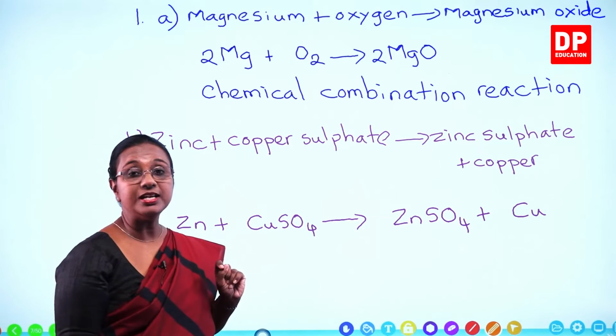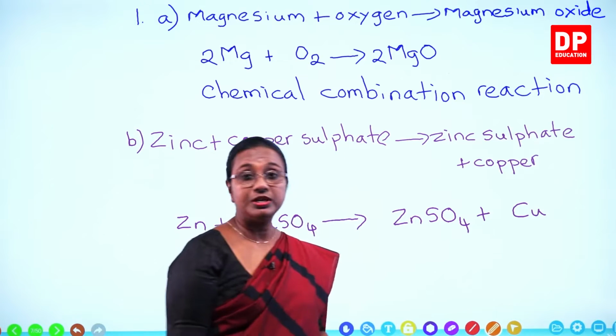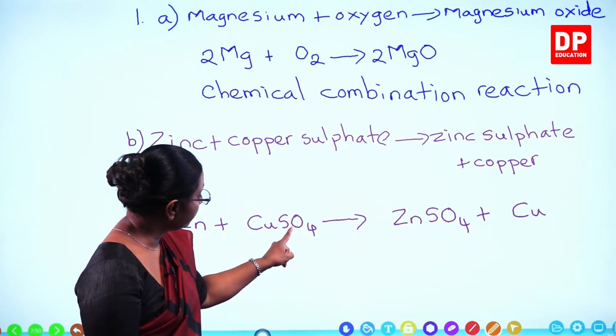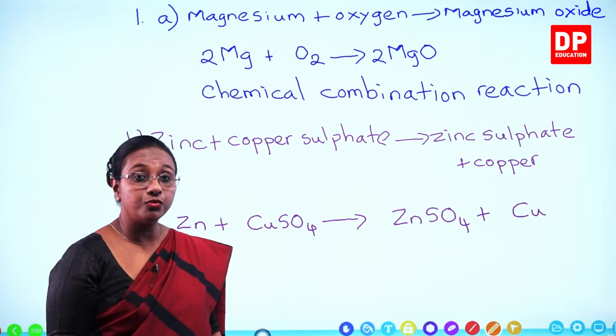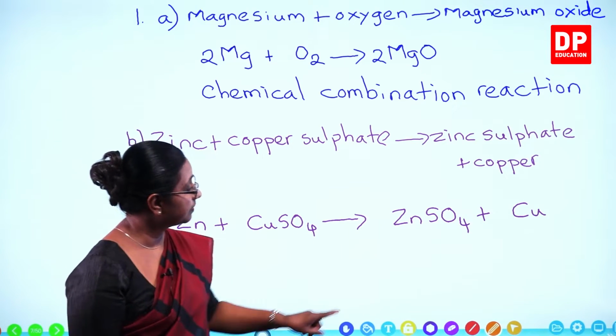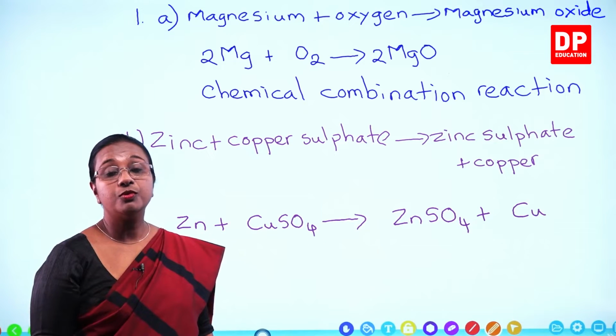Sulfur, there is 1 S, 1 sulfur. Here again 1 sulfate, so there is only 1 sulfur. Same way, oxygen, there are 4 oxygen atoms, O4. Here also O4, so that is also 4 oxygen atoms.